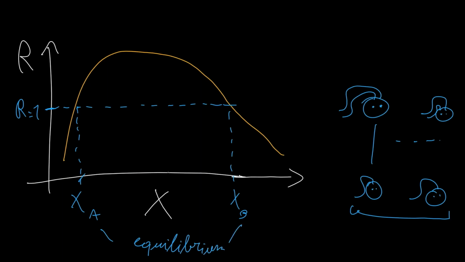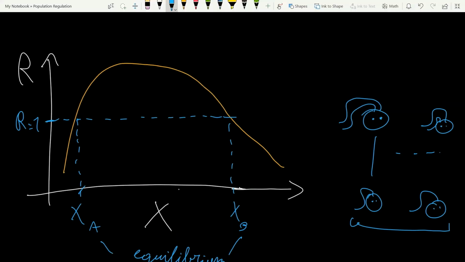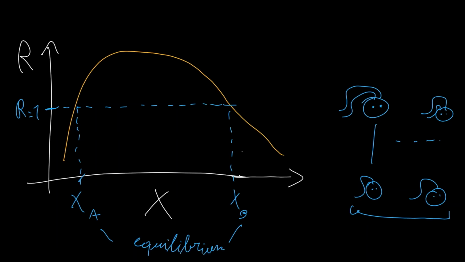Now, there are some important differences between XA and XB. At XB, you can see that if the population drops below XB, so anywhere between XB and XA, r becomes greater than 1. So take this point here, for example, you can see that r is greater than 1, which means that the population will now increase.